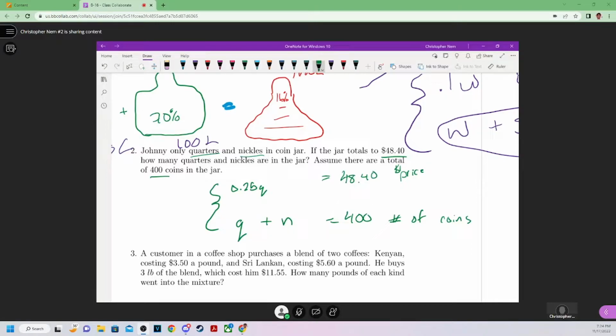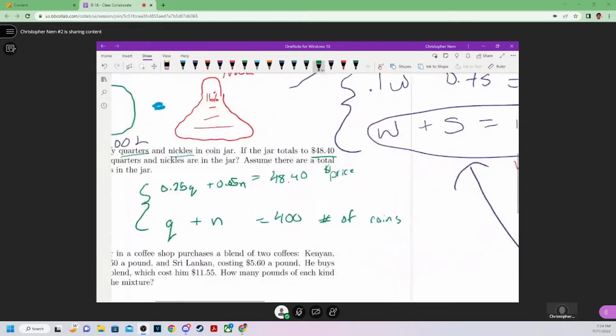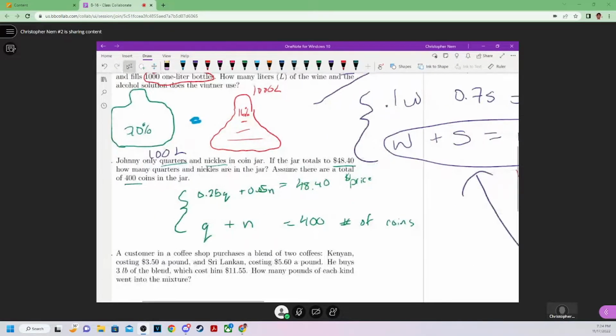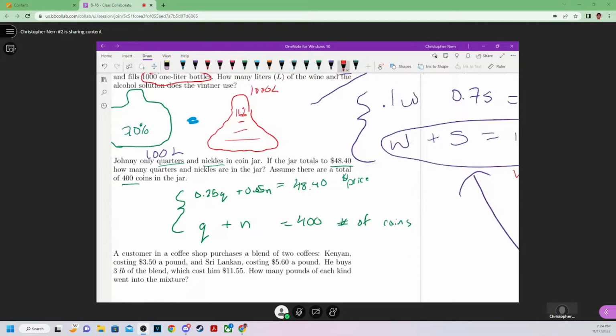How much should nickels cost? Well, they should cost 5 cents, so 0.05N. So we set up our system over here. Now, once we have set up our system, we can solve it. Try elimination out. If you did elimination, you would have multiplied the first equation by -4.